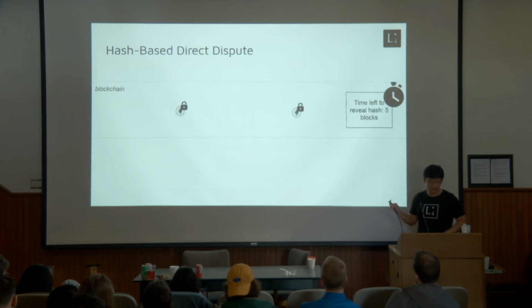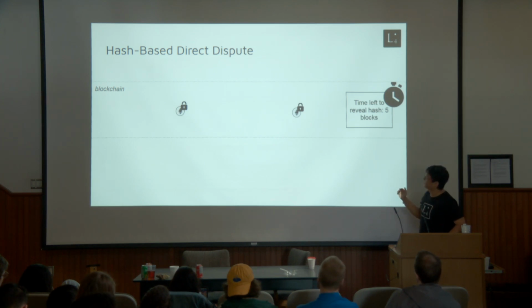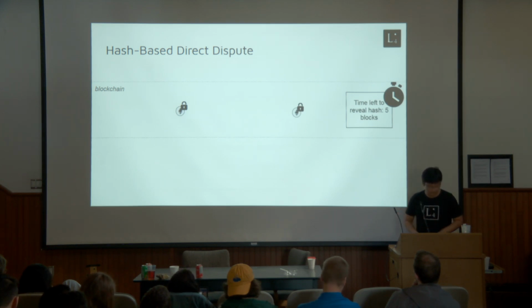For hash-based direct disputes, there is some 32-byte storage slot somewhere, and the condition for removing the lock is that you have to reveal the pre-image of a certain hash within a certain amount of blocks. So you have 5 blocks to do it. Now you have 4 blocks, and you haven't done it yet.